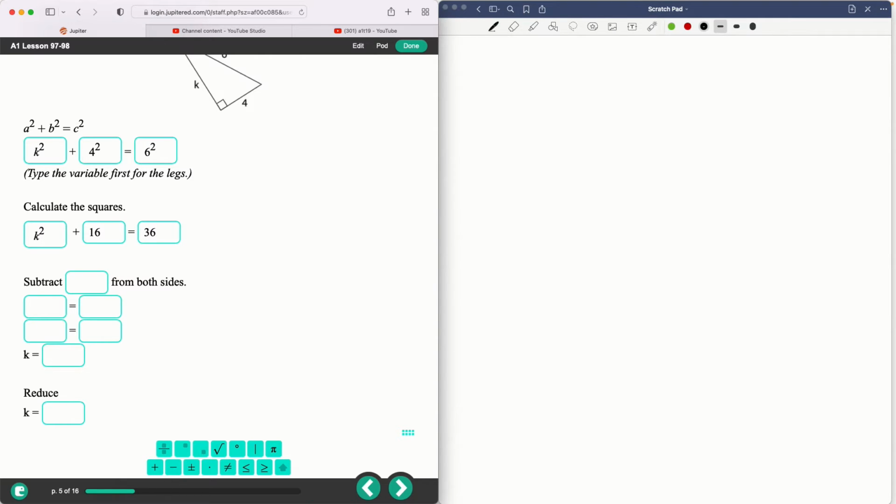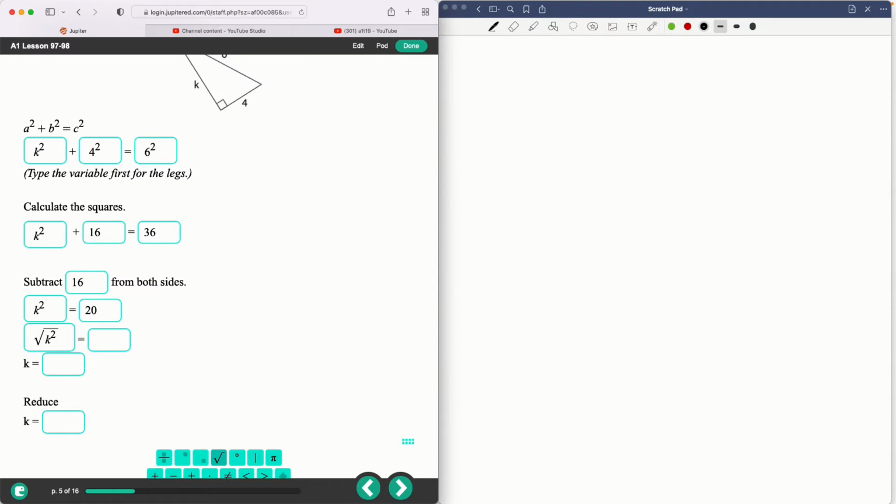So I'm going to subtract 16 from both sides. That leaves K squared is equal to 20. So I apply the radical to K squared and to 20, and K is the square root of 20, but I can reduce the square root of 20.